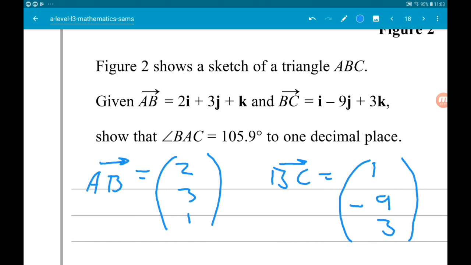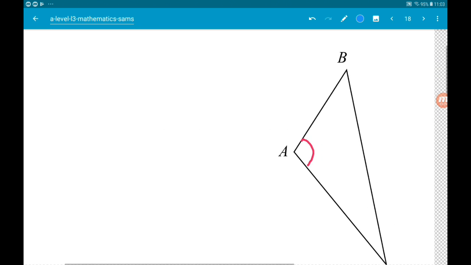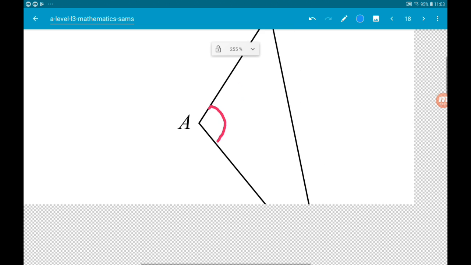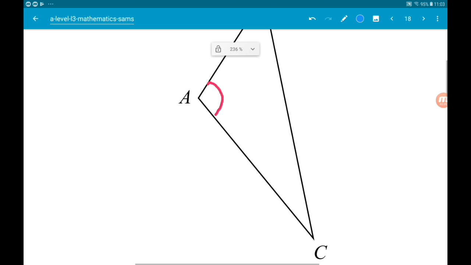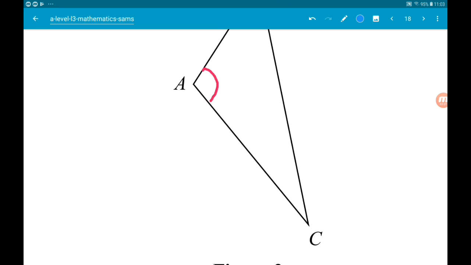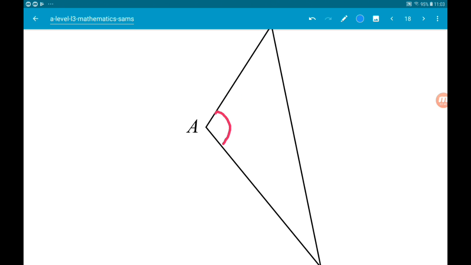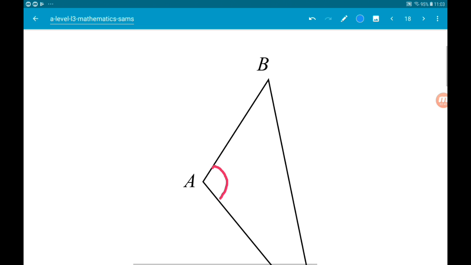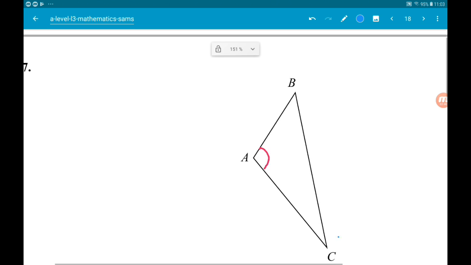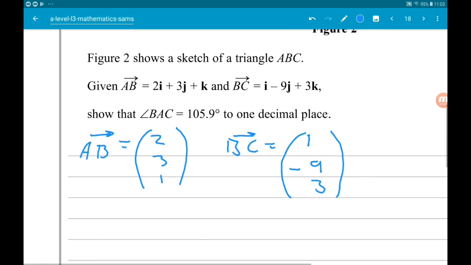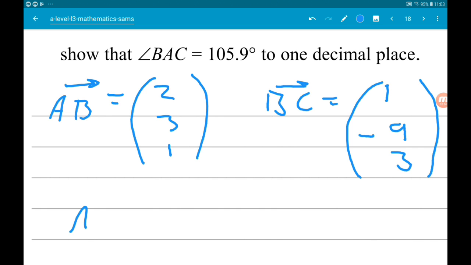Okay, well we also need to work out them. So we've got AB, we've got BC, we're going to need AC. Now we can get AC by going along AB and then along BC. So we can say then AC is AB add BC.